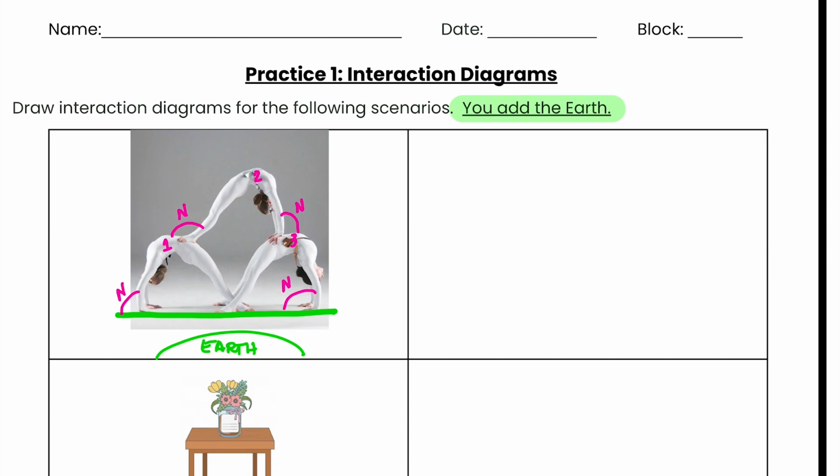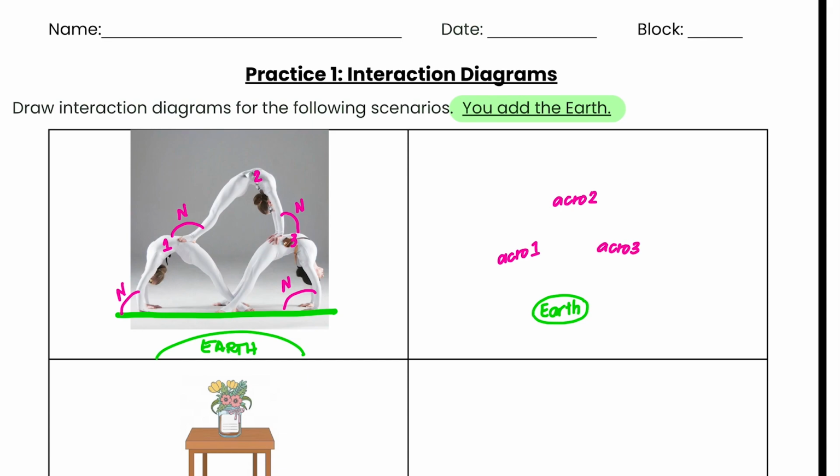Now what we're going to do is draw a system diagram on the other side. System diagrams, if you remember from the energy unit, you had to draw each of the objects inside their own space, and then show the connections with each other. So we've got Earth, and then we've got acrobat number 1, acrobat number 2 and acrobat number 3.